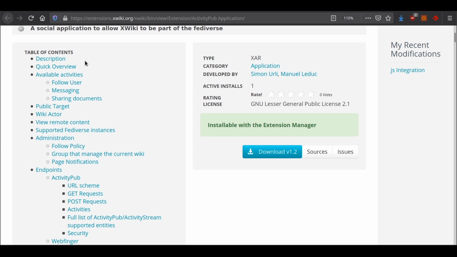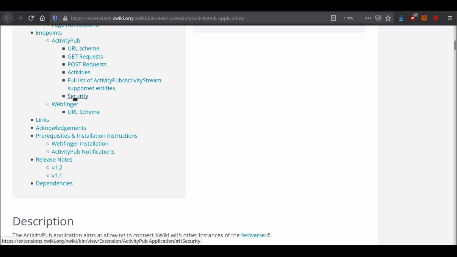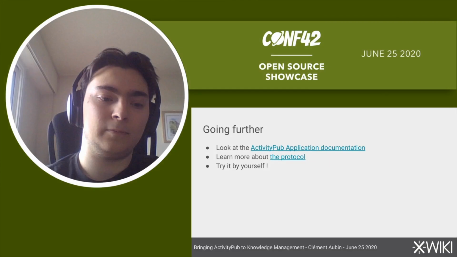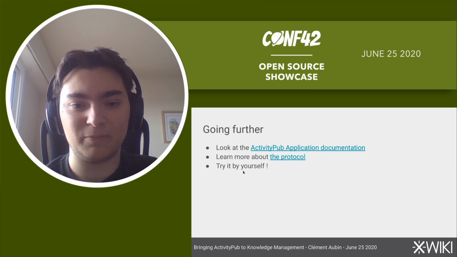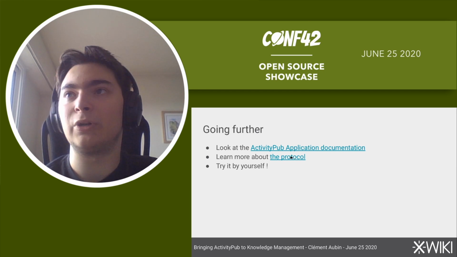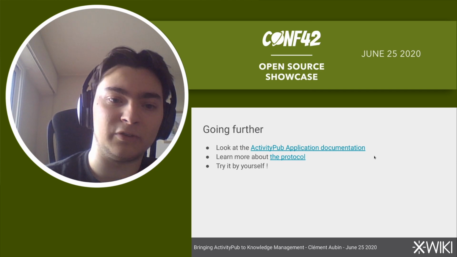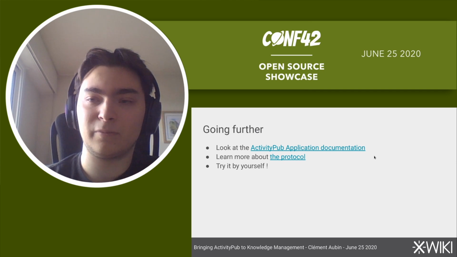Here you will get a lot of information about what is currently supported, what is not supported yet, what are the endpoints that we propose as part of the application, and also a couple of instructions on how to set up the application, which is quite good if you want to try it by yourself. And then we also have a link to the protocol itself.